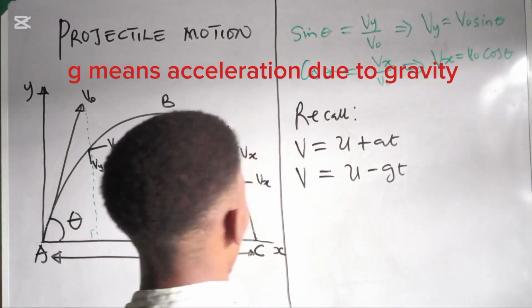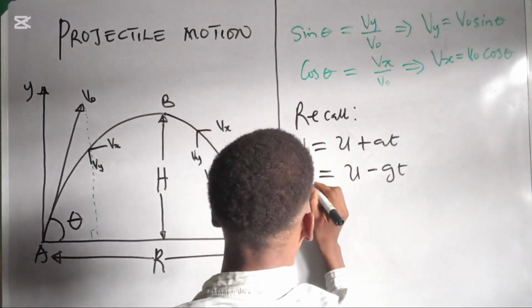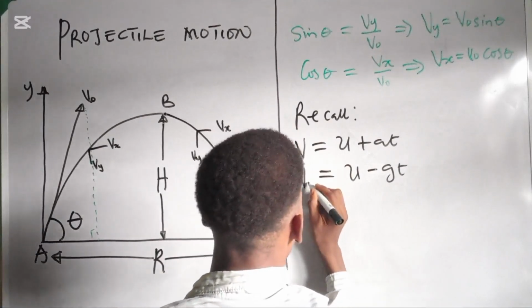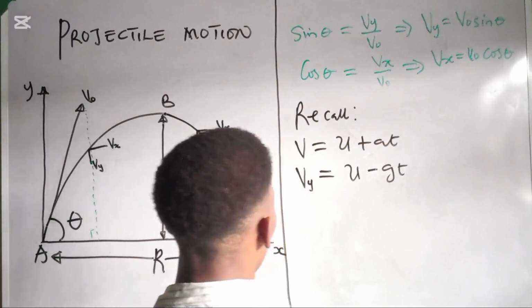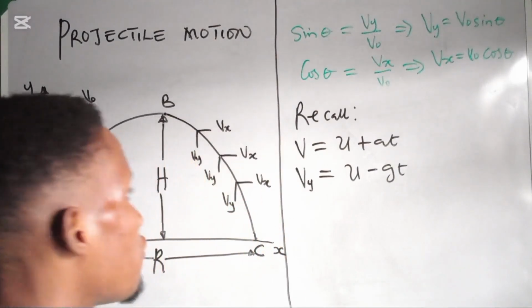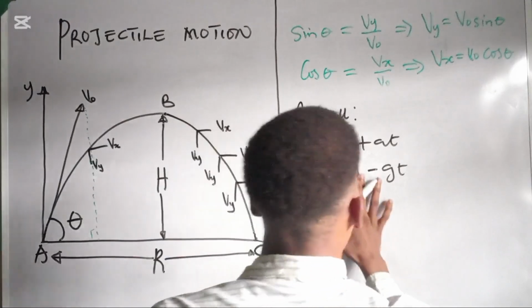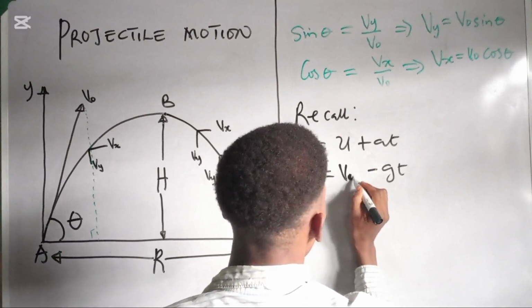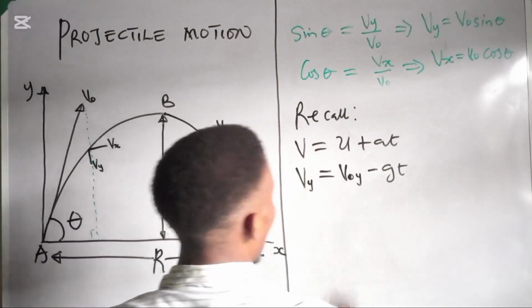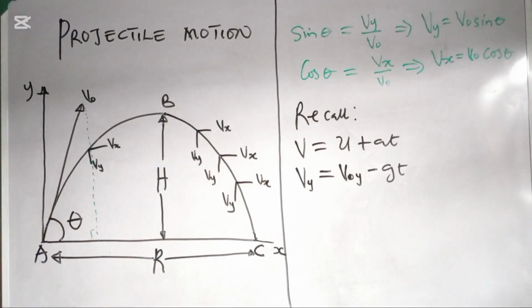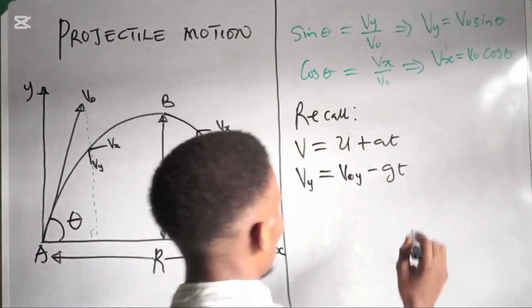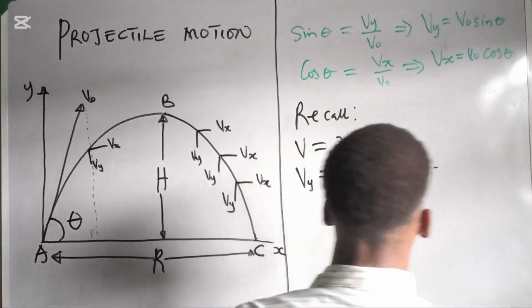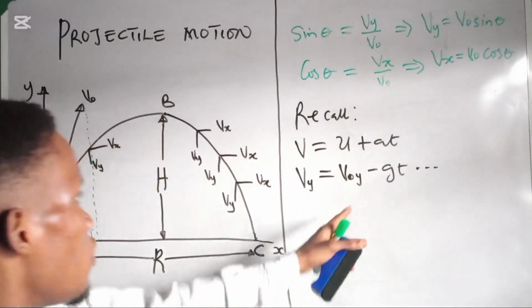In this case, this will be Vy, because we are dealing with the vertical part, and this will be V naught, considering y as the axis. This is the formula you are going to use.